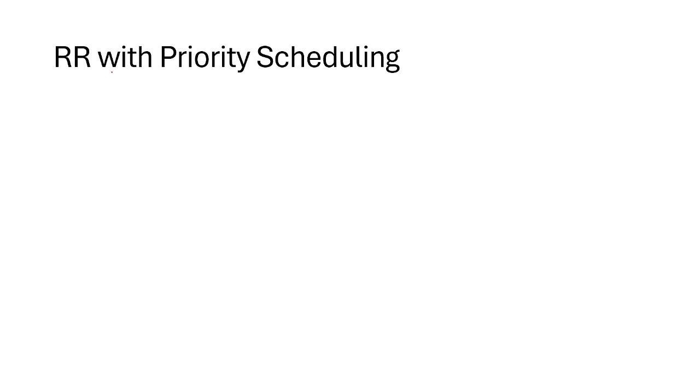Now consider this set of tasks, with process and burst time. Process P1 burst time is 4, priority is 3. For process P2, the burst time is 5, priority is 2.